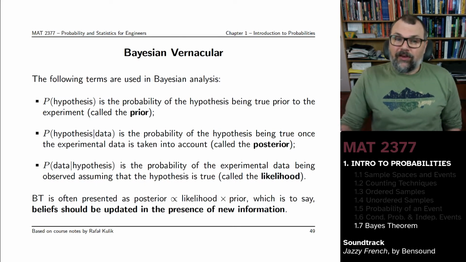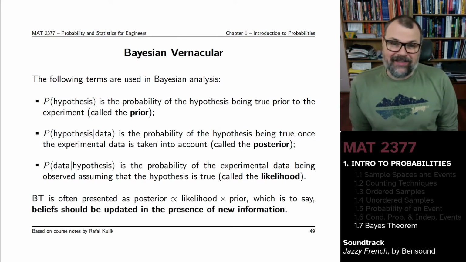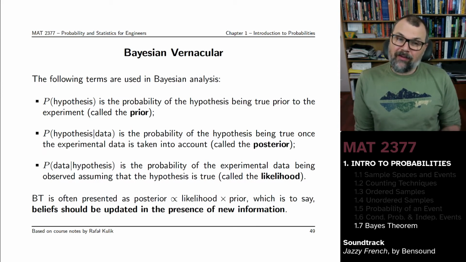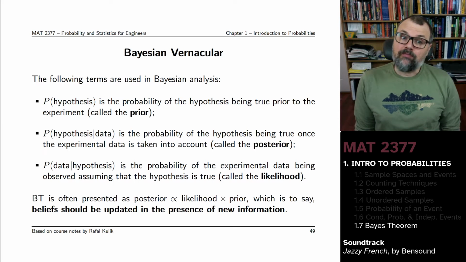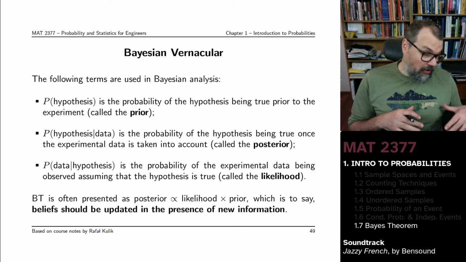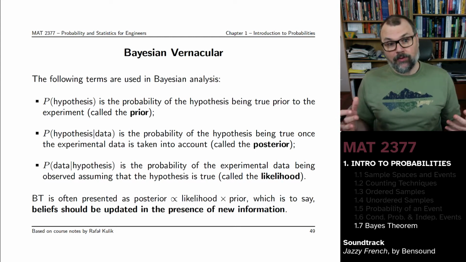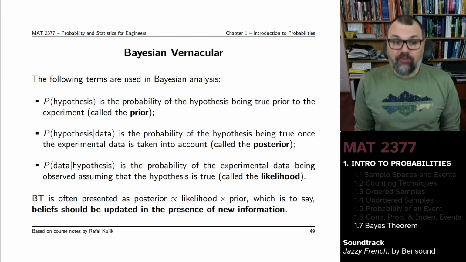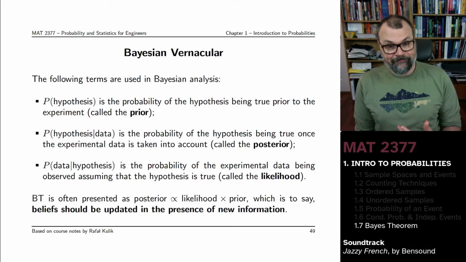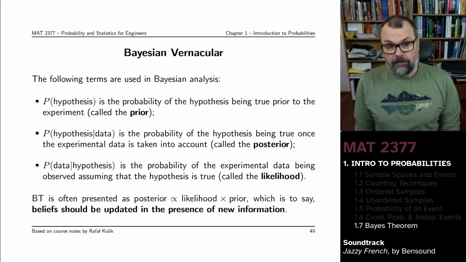In the vernacular, when you do Bayesian analysis, these are the terms that you use. The probability that the hypothesis is true prior to the experiment, using all the background info you have at your disposal, we call that the prior probability, or just the prior. The probability that the hypothesis is true given the data that you've observed, that's called the posterior probability.